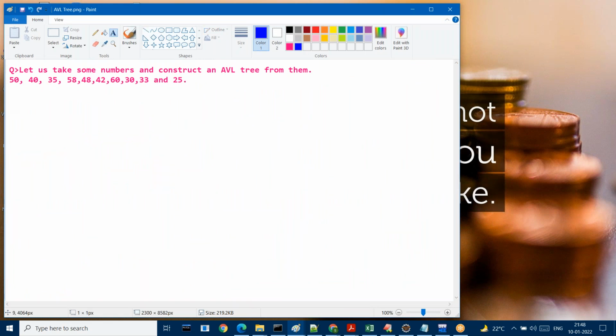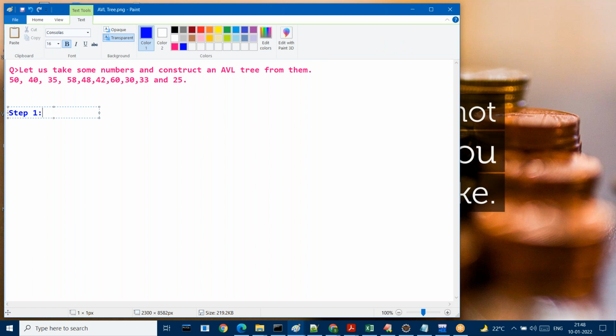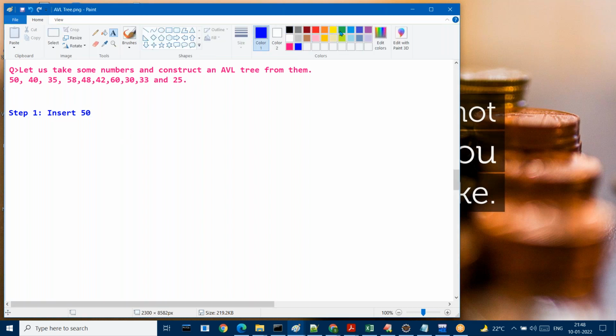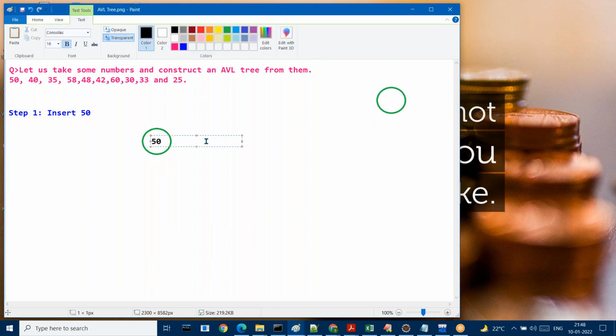Sir, insert 50. This is the first node, sir. I made the insertion. Simple, na guys?